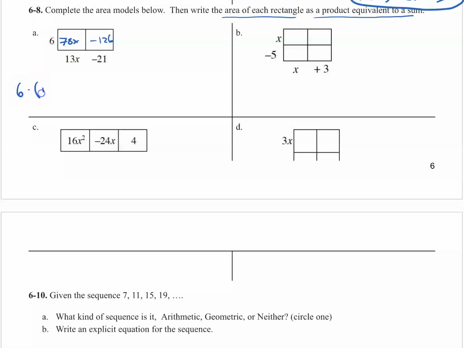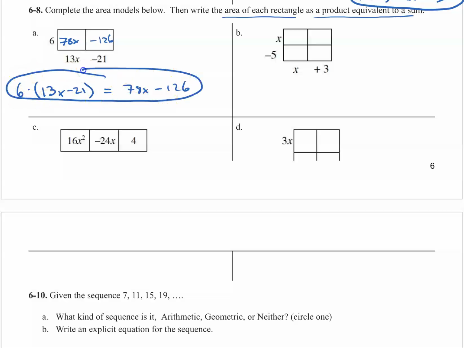So 6 times 13x minus 21 equals 78x minus 126. This is area as product. This is area as sum. And that's a 78x.